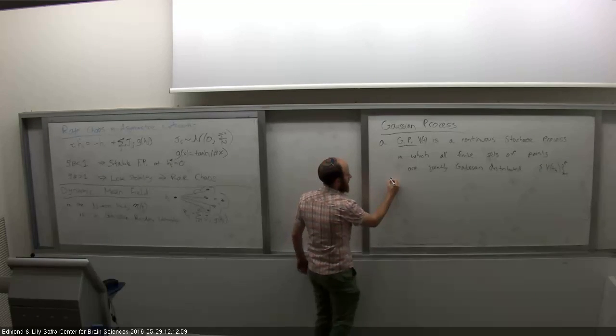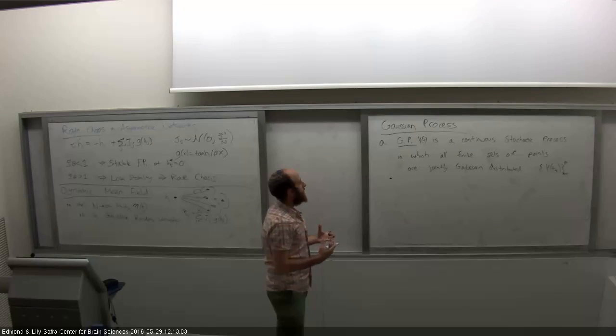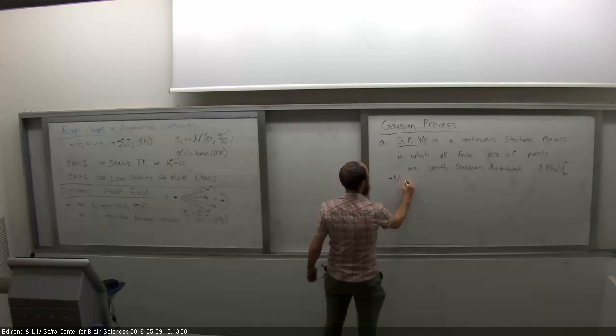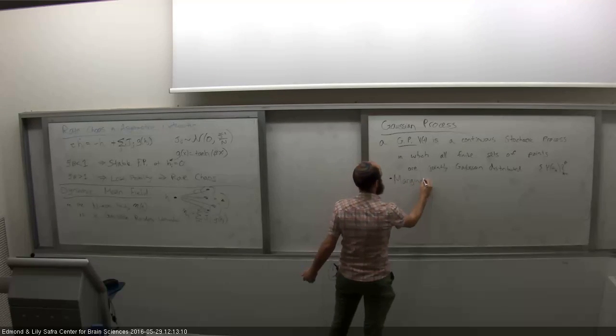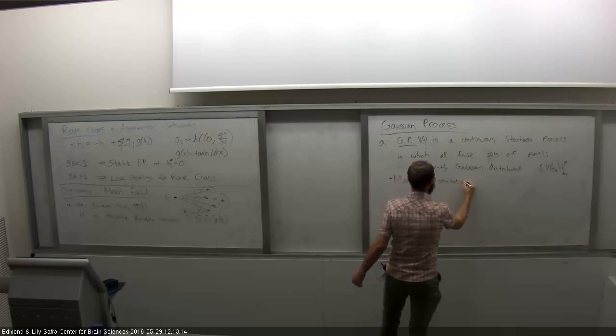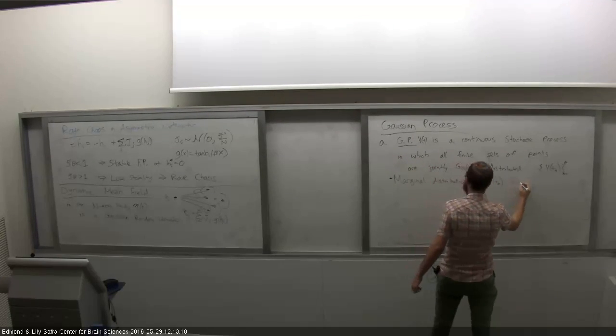And in particular, we also know that for any joint Gaussian distribution, all the marginal distributions are Gaussians. So the marginal distributions, the effective distributions on single time points, y of t0, are also Gaussian.